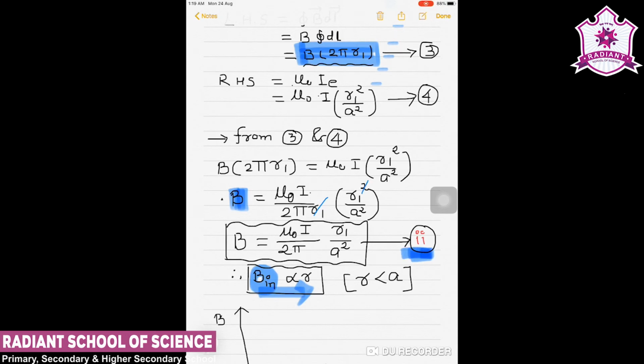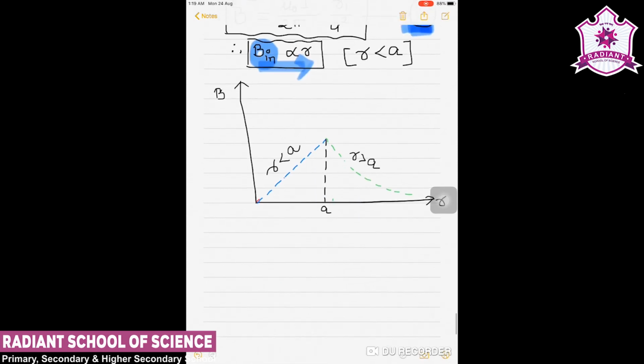So equation number 2 indicates that the magnetic field inside the wire's cross section is directly proportional to the radius of the Amperian loop we considered. If we draw the graph related to this, we can show it by this figure. The first blue dots indicate the region inside the radius a.